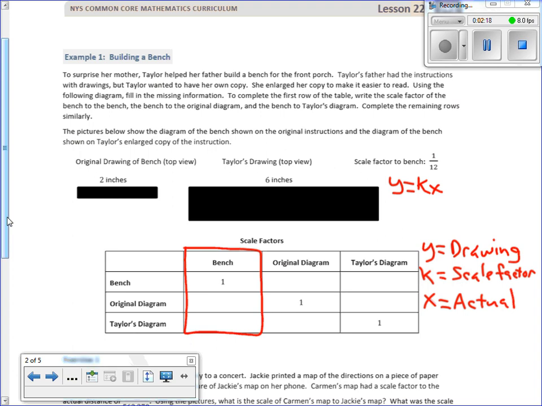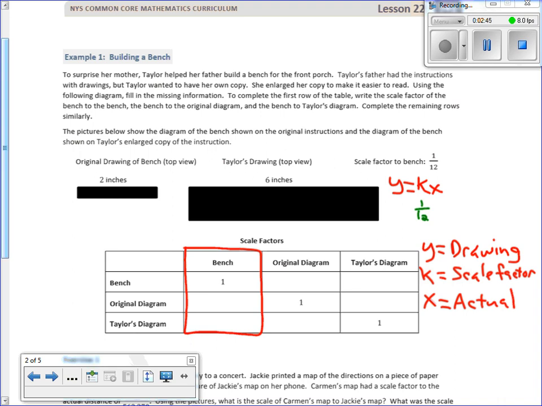All right. So, if we were given the scale factor to be 1/12, I would fill this in where y is our drawing, k is our scale factor, so I can put 1/12 here. And what were we given here?